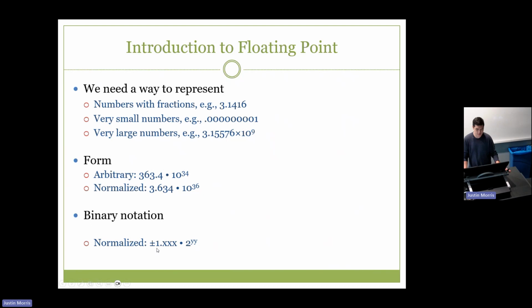We are always going to have one number to the left of the decimal point, and it's not needed if it's a 0. So it's always going to be a 1. Otherwise, it would not exist, right? Or you would just adjust your exponent. So this way we can save 1 bit. This 1 is always implied.